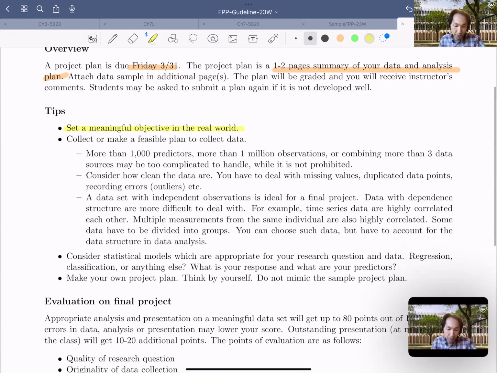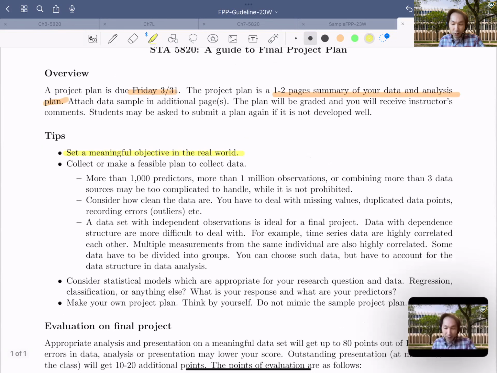Okay, so some tips to make a good final project plan. Set a meaningful objective in the real world. Sometimes, even if the data set is good, some students do trivial analysis. For example, regressing left lung volume on right lung volume. If the left lung volume is Y and the right lung volume is X, then we can imagine that Y is almost X, right?